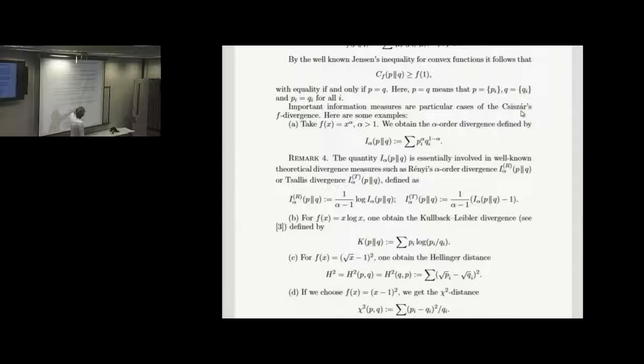Kullback-Leibler divergence, if we put that f of x is x logarithm of x, this function is convex, for x greater than 0. And we obtain, you understand this? How we obtain this? How do you say?